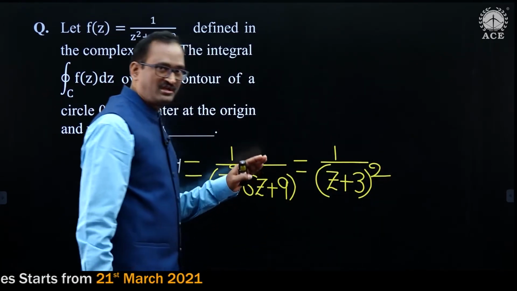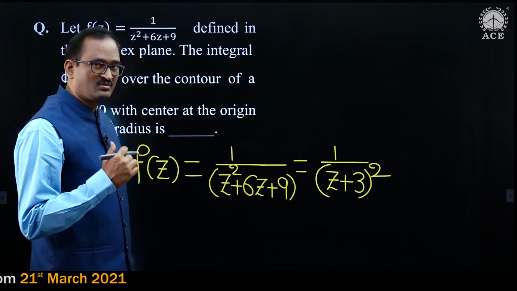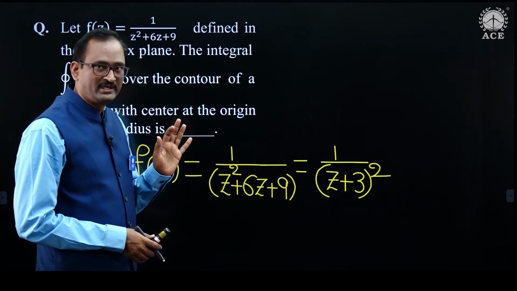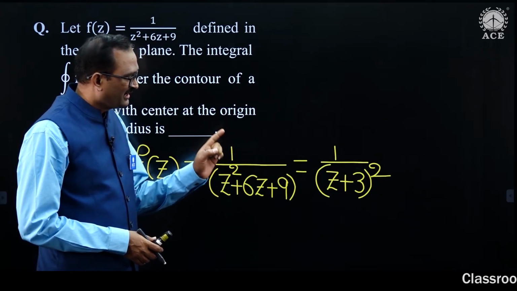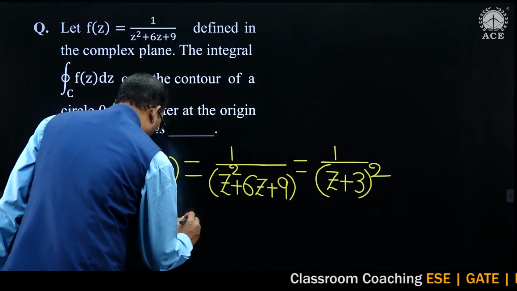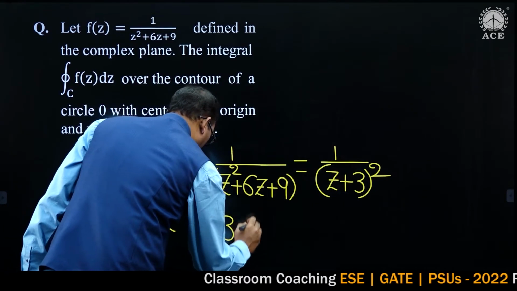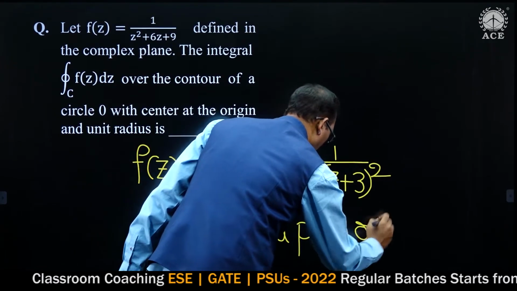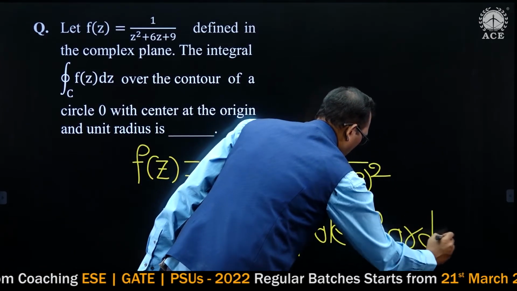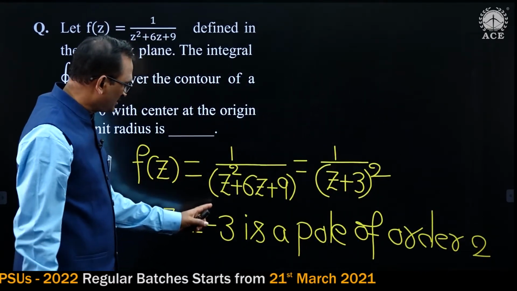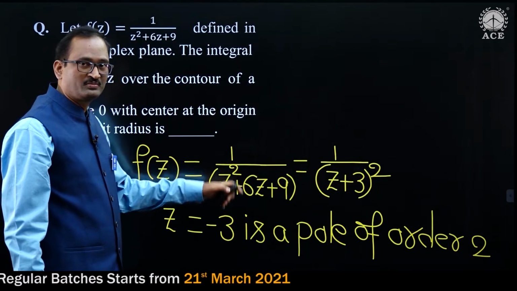So z plus 3 whole square is equal to 0, z is equal to minus 3. Z is equal to minus 3 is a singular point. It is a pole of order 2. But this pole lies out of the given circle.